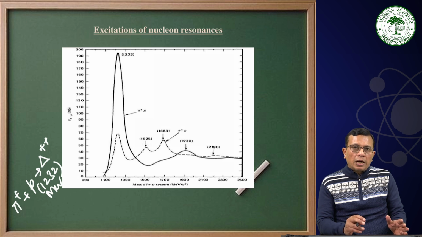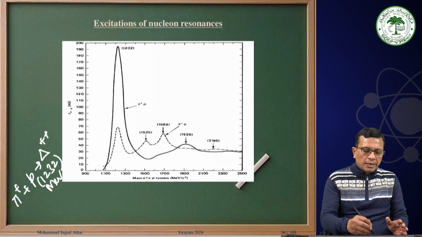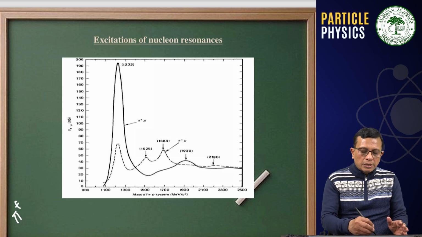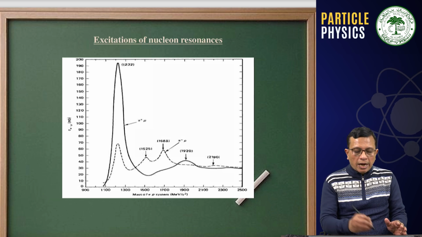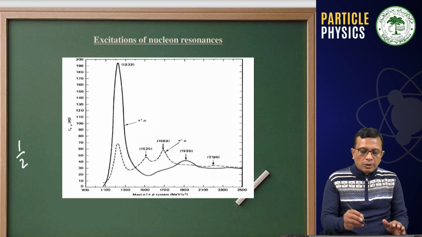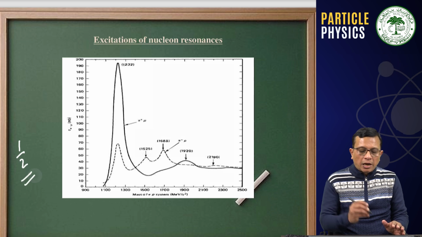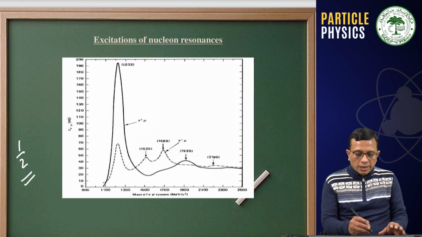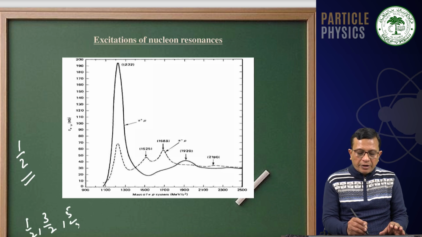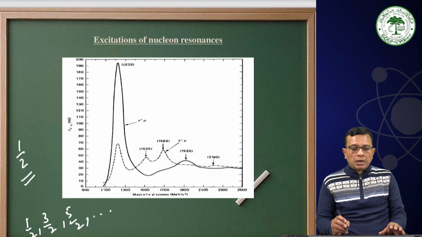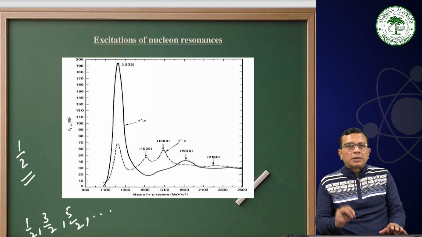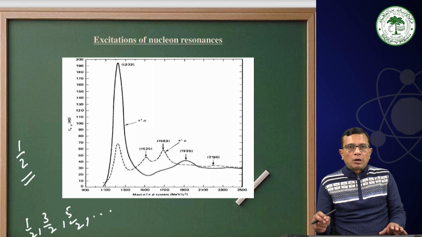Therefore, not only do you have the particles which we listed before, but you can have the resonant states of these particles. And the important point is, we have discussed that all baryons in those tables had spin half, but these resonant states can be 3/2 spin states, half spin states, 5/2 spin states, etc. Therefore, not only the spin, but the parity of these states can also be different.